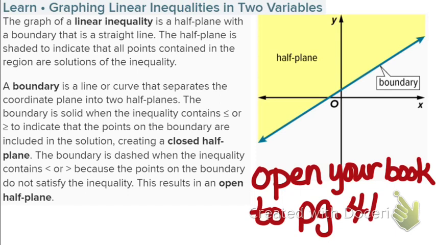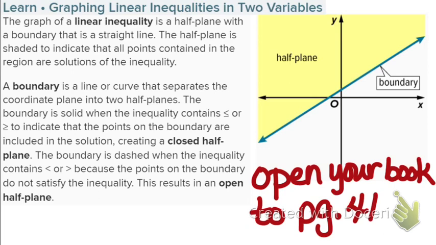You could find the x and y intercepts, plot those two points, and then connect them. Or what was the third option, the third way we talked about? Put it in slope-intercept form. So we're going to have rise over run and our y-intercept. So those are the three methods that we talked about yesterday.